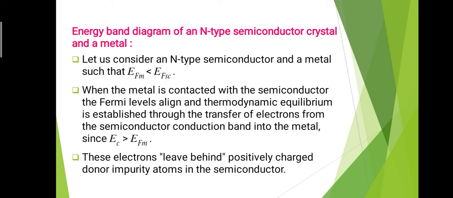These electrons leave behind positively charged donor impurity atoms in the semiconductor. Since the Fermi level of the semiconductor lies above the Fermi energy level of the metal, and above the Fermi energy level there is a conduction band, obviously the energy of the electrons in the conduction band is larger than that of the electrons at the metal's Fermi energy level.